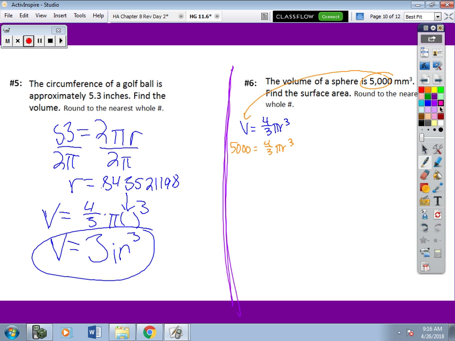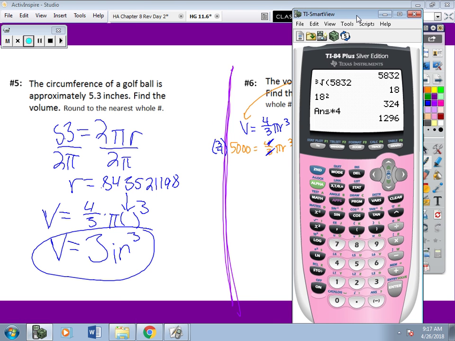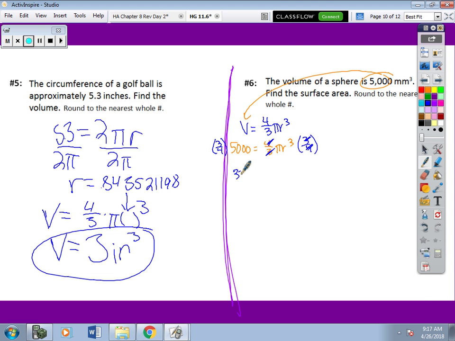So it's up to you whether you want to make this 4 pi or if you just want to multiply by 3/4 first, so that these will divide out. So we'll take our 5,000 times 3 and we'll divide that by 4. So I'll get 3,750 equals pi times the radius cubed. And then I'll divide by pi.